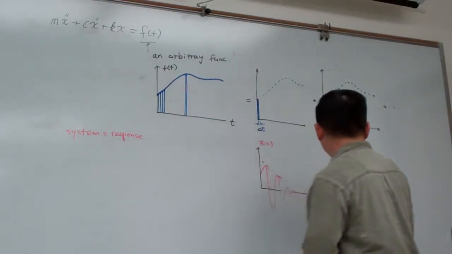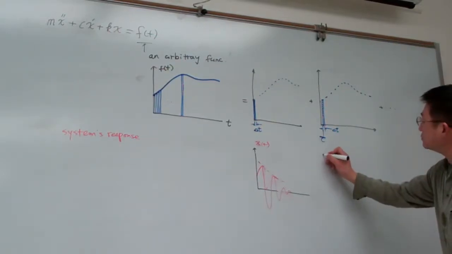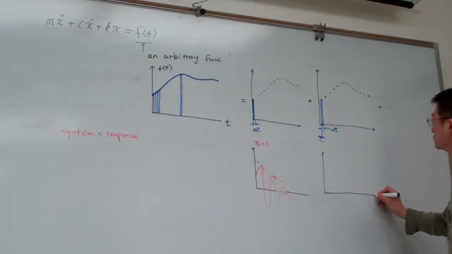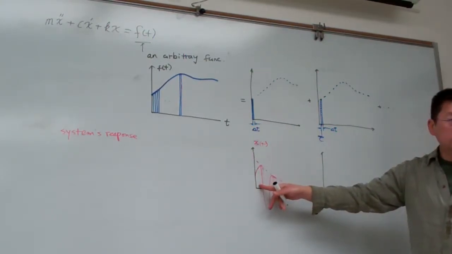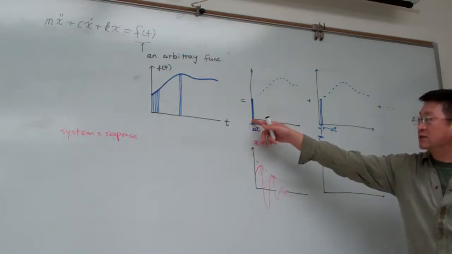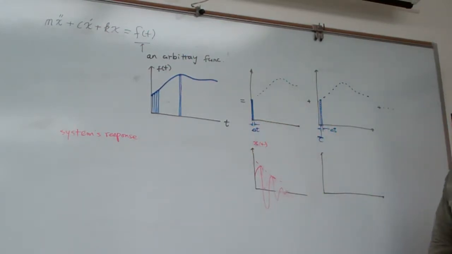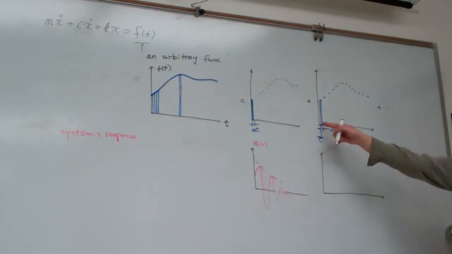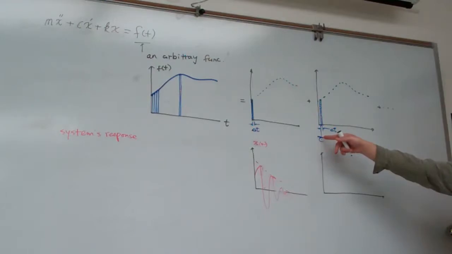Again, we have a similar way. For this case, the system starts to respond at time 0 when the strip is active. The second strip didn't start until time equals tau.